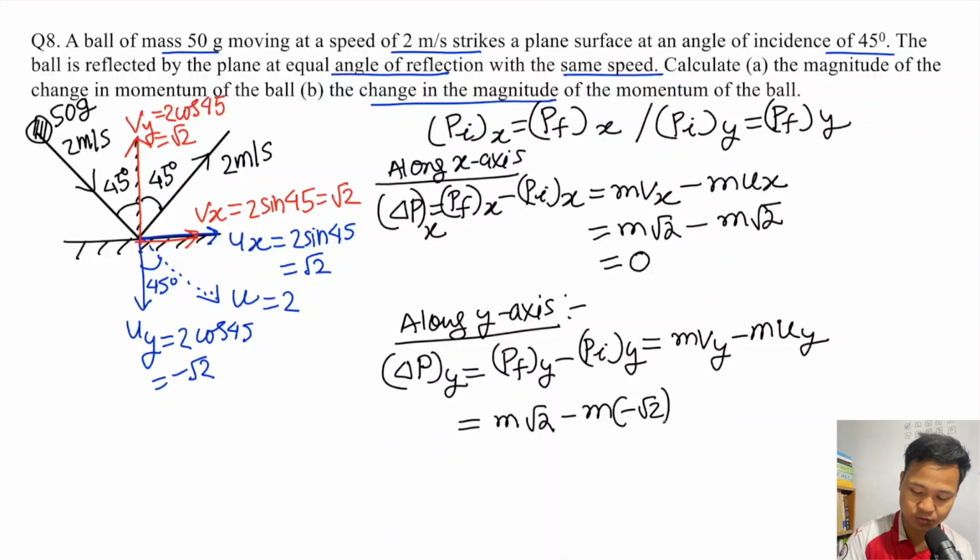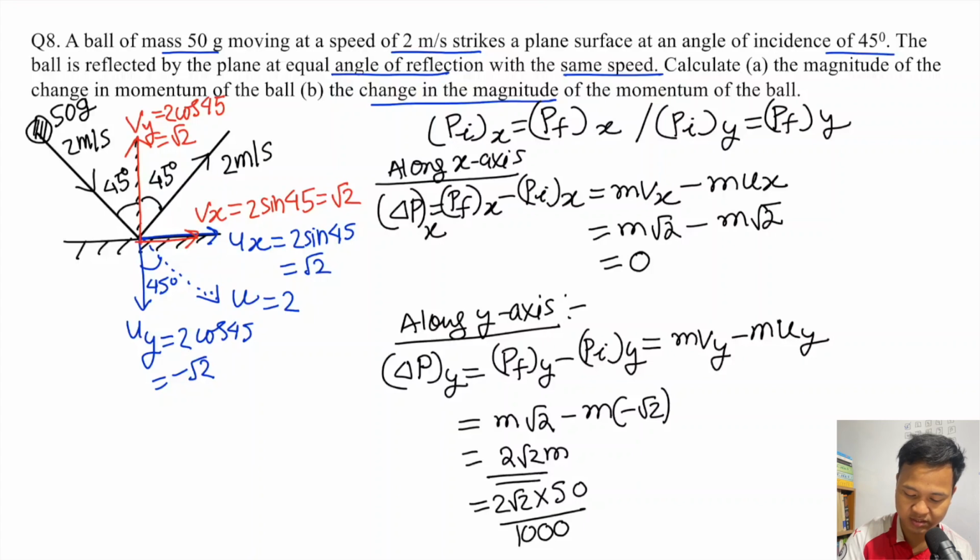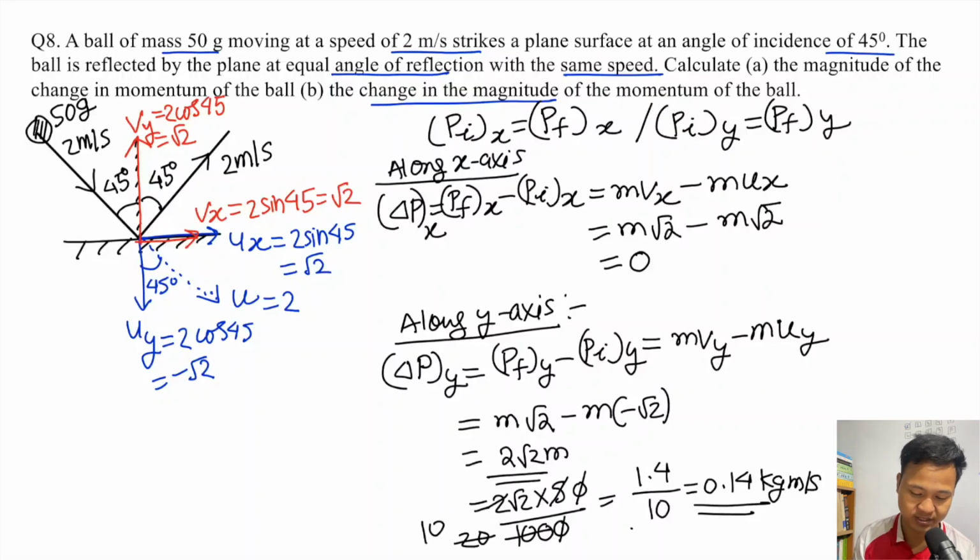Therefore m into minus root 2, minus minus gives plus. So you'll have 2 root 2 into m. Putting in the mass value, 2 root 2 into 50 divided by 1000. So root 2 is 1.4, divided by 10, which means 0.14 kg meter per second. That is the change in momentum along the y.